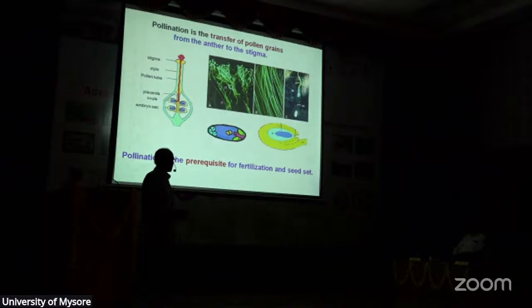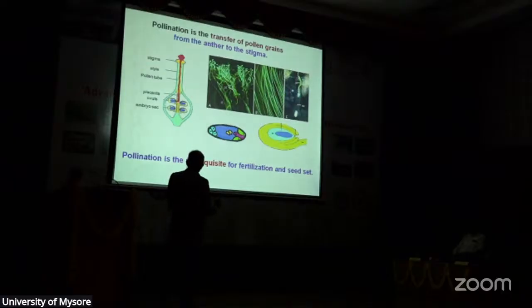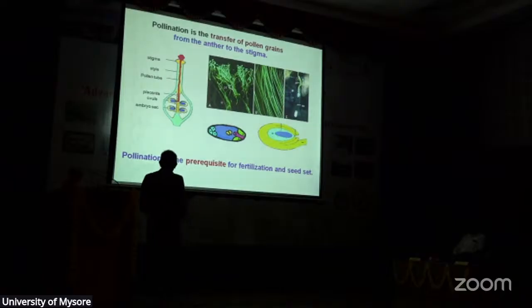Then the ovule will develop into the seed. So the bottom line is pollination is the prerequisite for fertilization and seed set. In seed plants, if there is no pollination, you don't get any fruit set or seed set. So that is the importance of pollination.